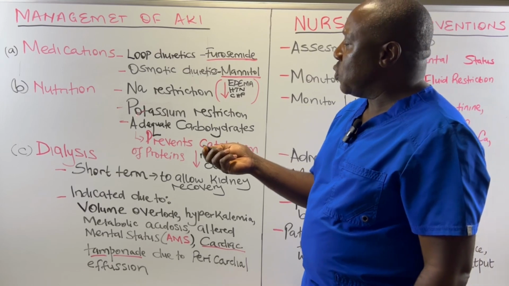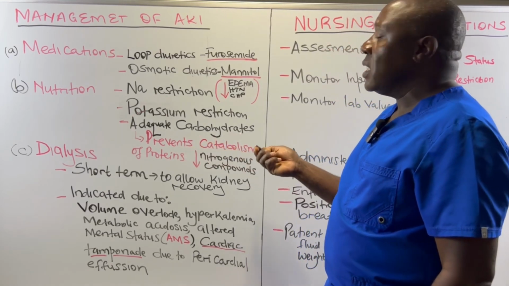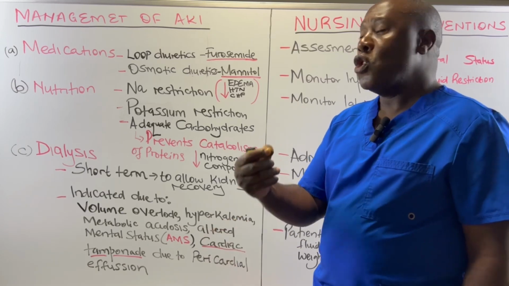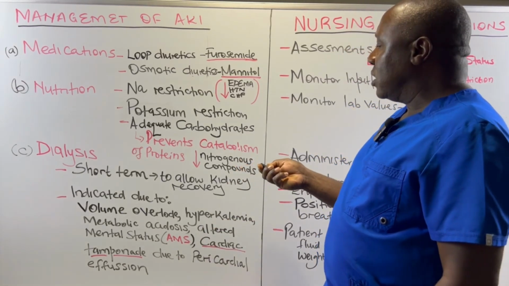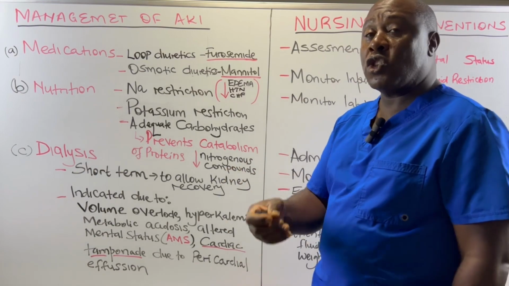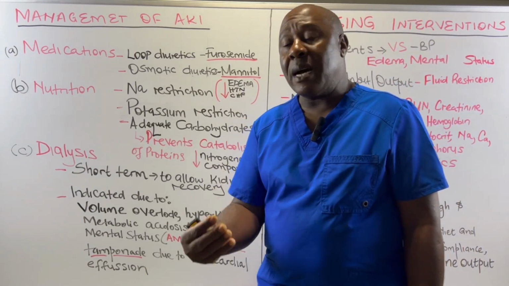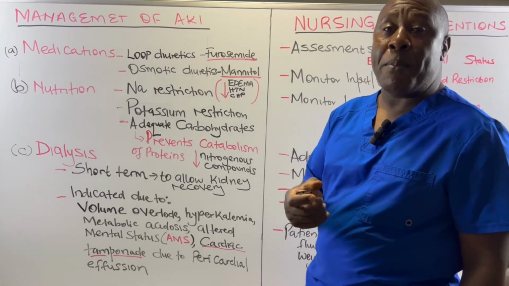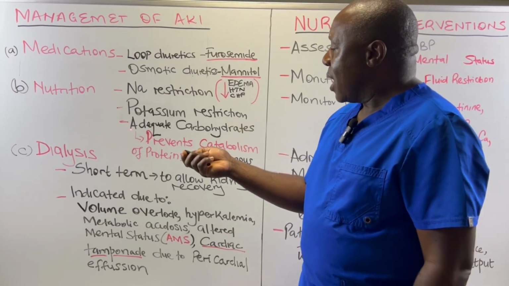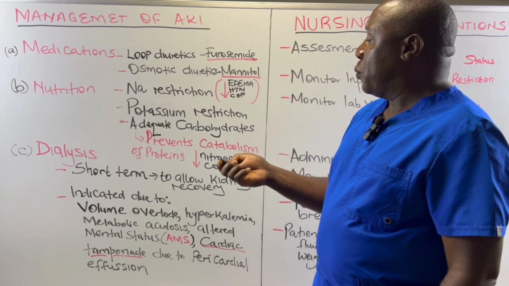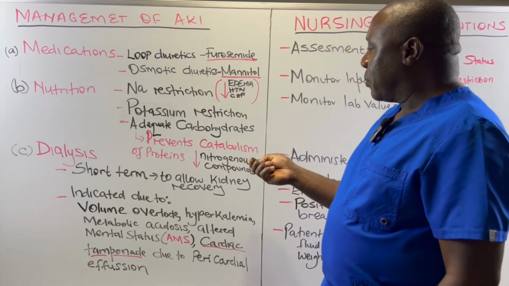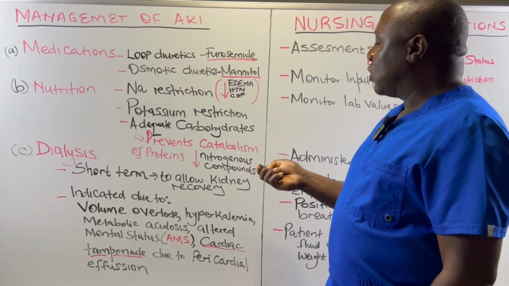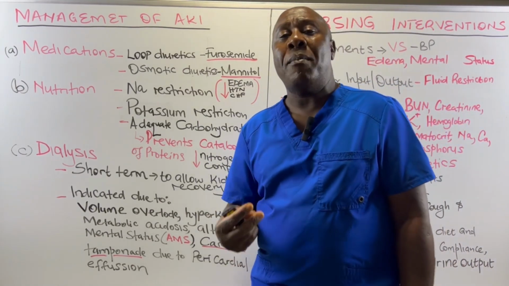Then we also ensure that these patients have adequate carbohydrates. And this is, one, to strengthen them, and number two, to prevent the catabolism of protein. Because if proteins are catabolized, then we are going to have an increase in nitrogenous compounds. So we ensure adequate carbohydrates to prevent protein catabolism, and this will help to decrease nitrogenous compounds in our bloodstream.